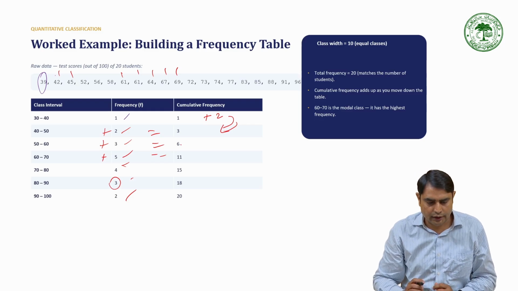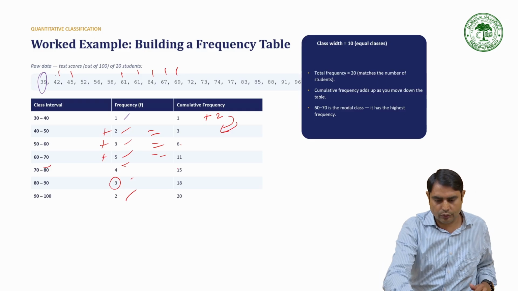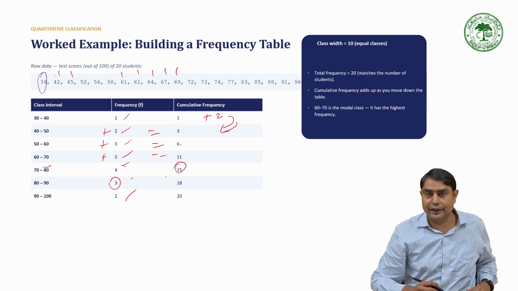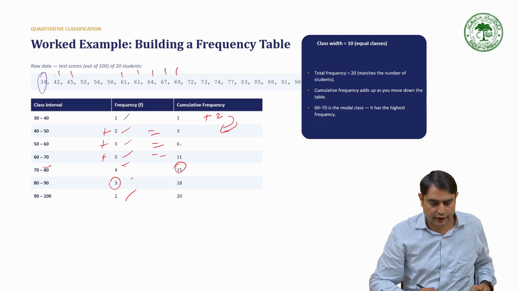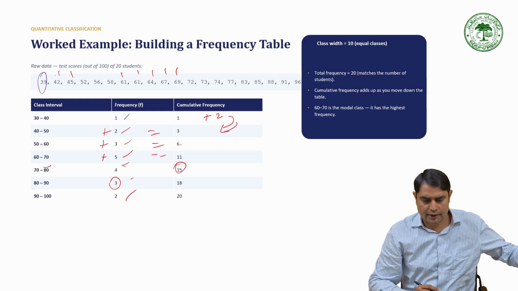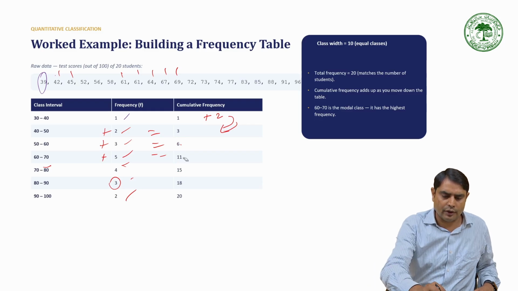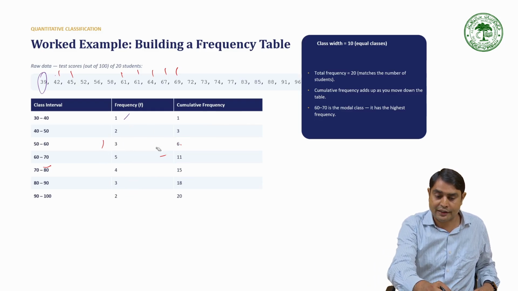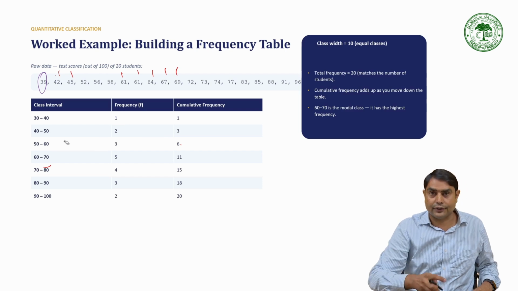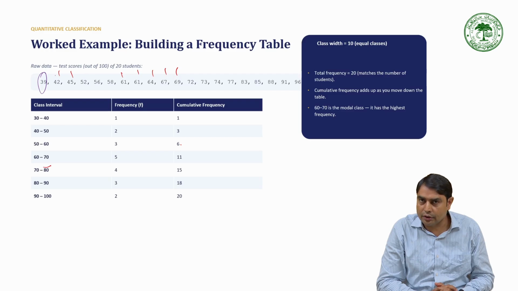I can use it to see how many values are less than 80. So 15 observations are less than 80. How many observations are less than 60? 6 observations are less than 60. So this is useful when you are preparing ogives, more than or less than curves, etc., or even when you are handling distributions.